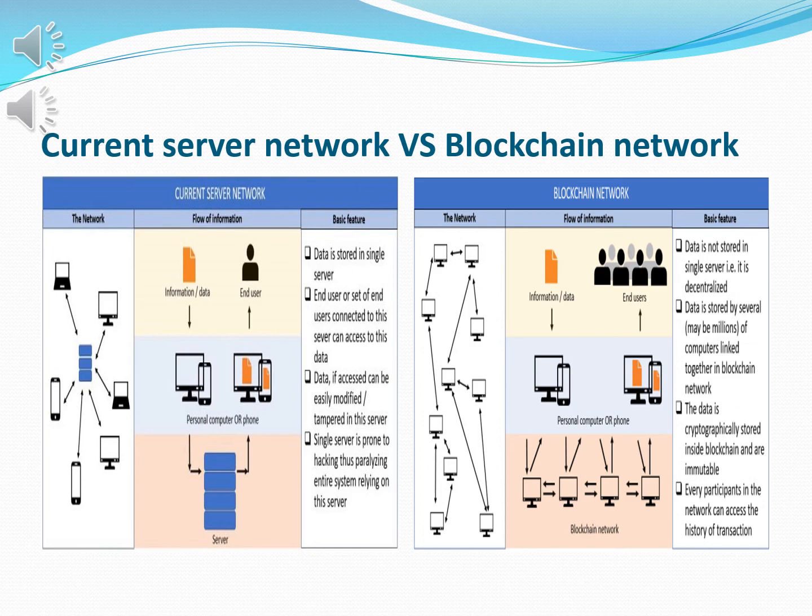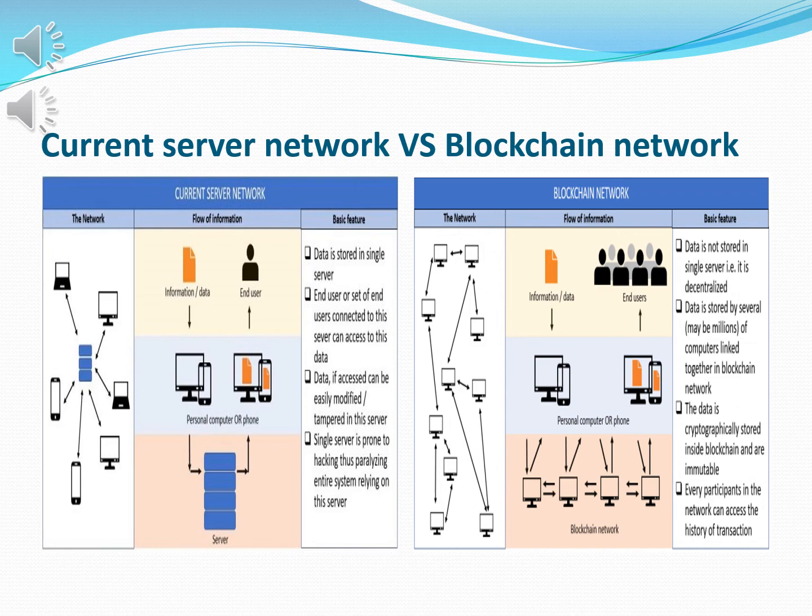But in the blockchain network, there is no centralization. Everyone is connected with each other, and data is decentralized, and everyone has access to everyone else's data. Then the flow of information is from data to personal computer or phone, so there's a third party involved in that, but here there is no third party involved.